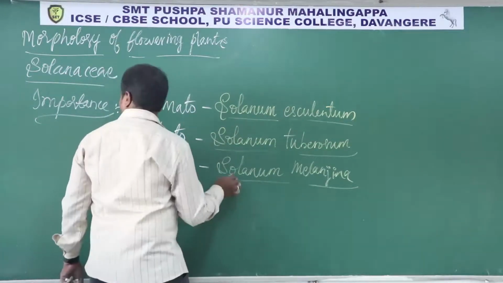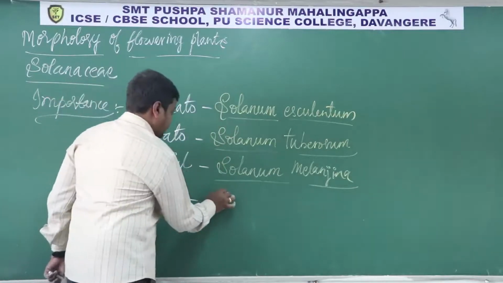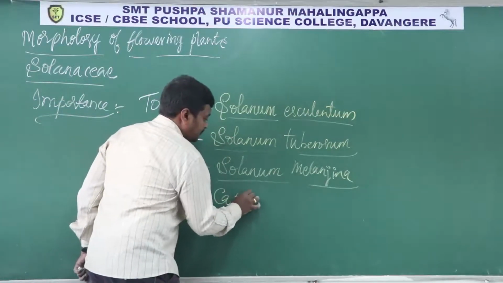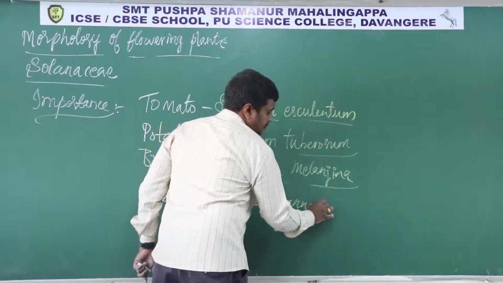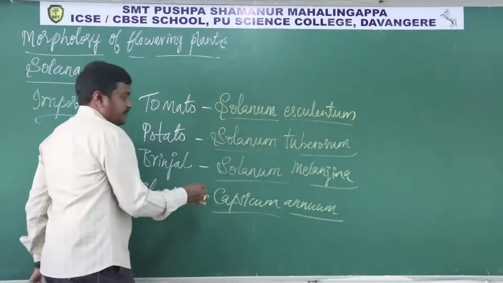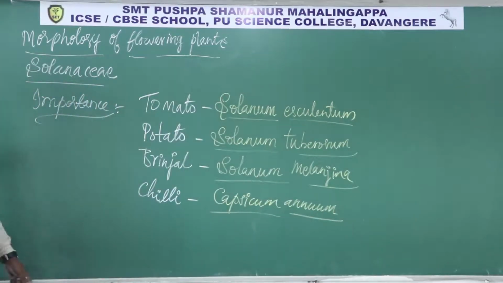Chili, what is that? Capsicum. It is Capsicum annuum. Capsicum annuum. So these are the important plants belonging to the family Solanaceae.